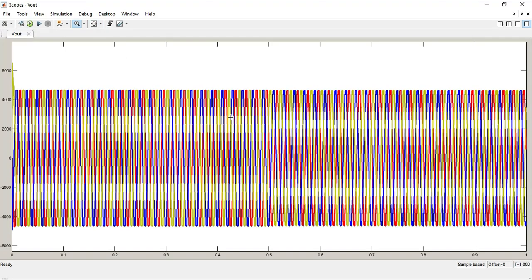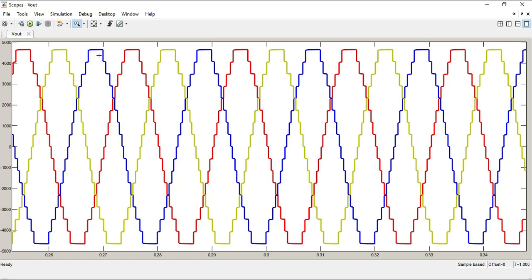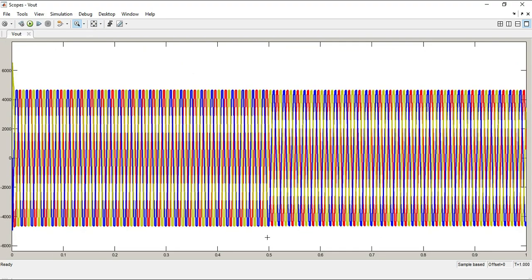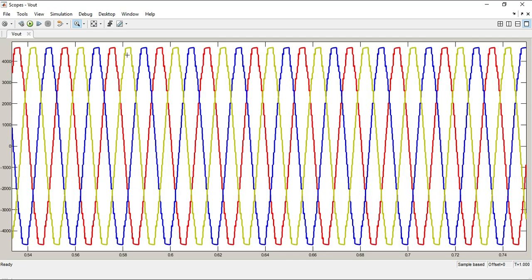With the 8 submodules, you can see that the control is initiated after 0.5 seconds. Before 0.5 seconds, this is the conventional control, where I am getting 2N+1 output levels, and since the number of submodules is 8, 17 levels are present in the output voltage. Whereas after 0.5 seconds, let me zoom in.